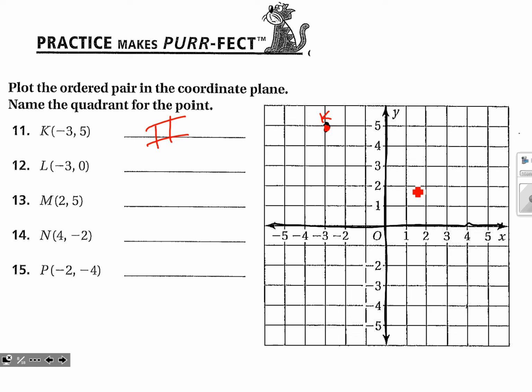That's quadrant number 2 in Roman numerals. L is located right here. It's not in a quadrant. It's actually located on the x-axis.